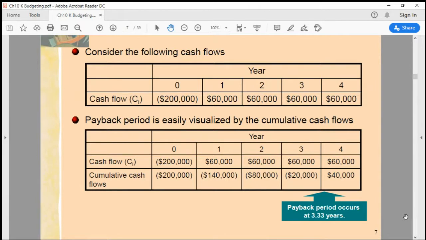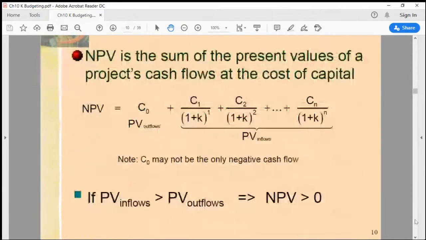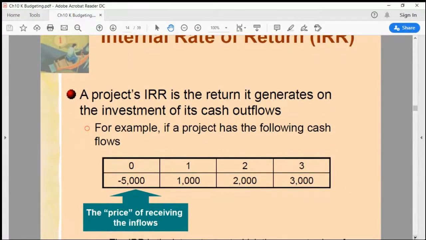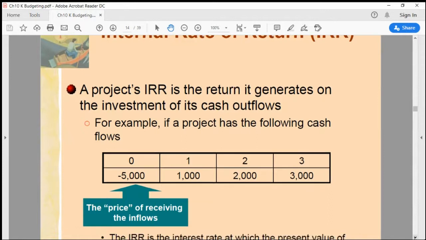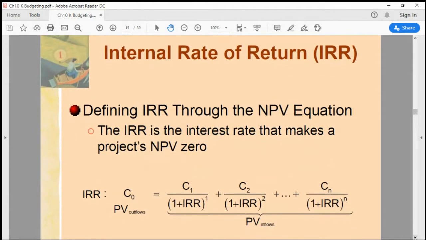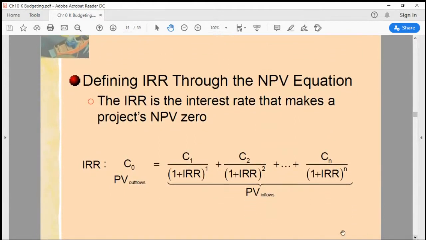Now, if we briefly recap what we discussed last time, or how we define internal rate of return, we defined it in terms of the discounted cash flow model, and I explained to you it's the discount rate that equates the right-hand side of the equation to the left-hand side.